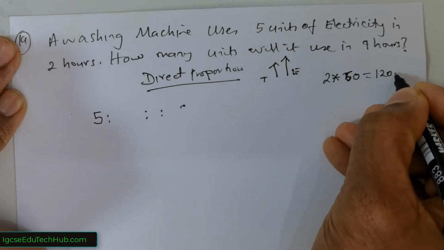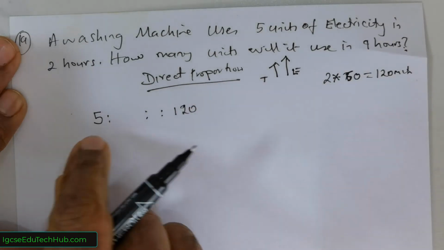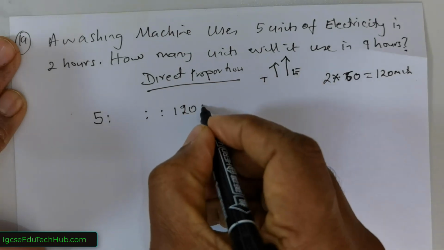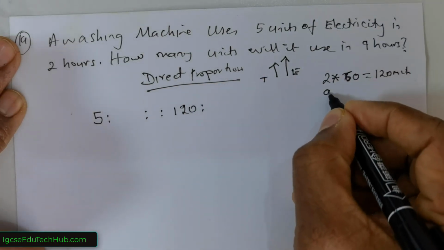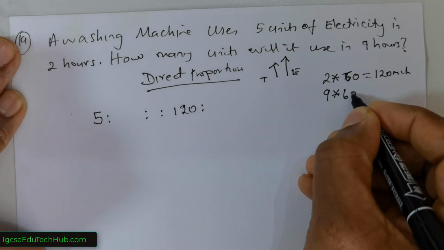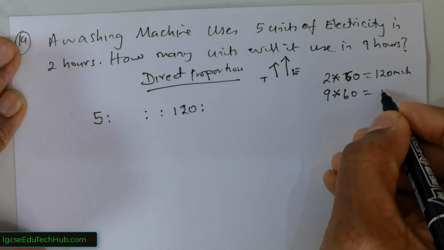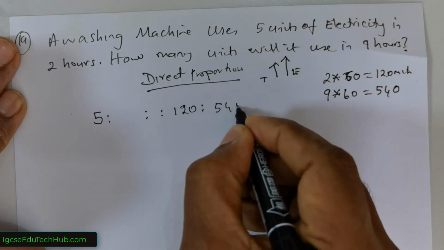It's 120 minutes. So in 120 minutes, 5 units are used. We are expected to find how many units of electricity the washing machine would have used in 9 hours. So 9 into 60, 9 6s are 54, and you have a 0 there. So this is what is required.